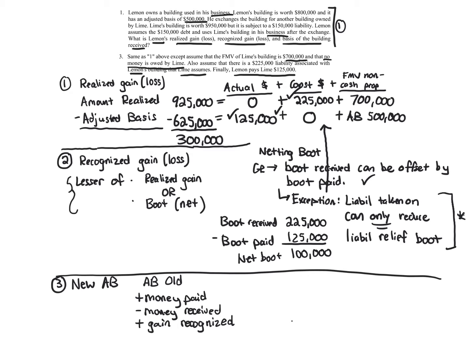But let's continue. So we've got our net boot, $100,000. We've got our realized gain, $300,000. So the lesser of $300,000 and $100,000, of course, is $100,000, and that's going to be our recognized gain or loss on this transaction.